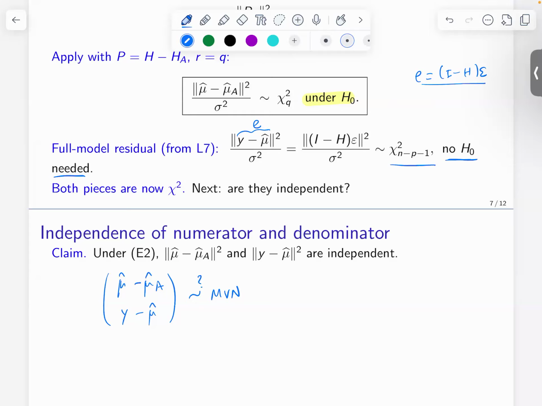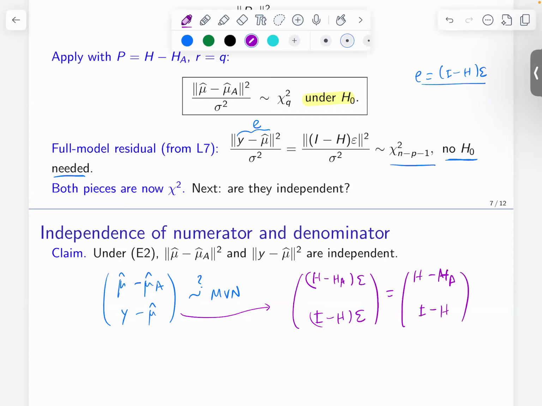Because they're both linear transformations of epsilon. Yes, exactly. So this is a linear transformation: H minus HA times epsilon, and this is I minus H times epsilon. If you want to be really formal, I can pull this out and get a single linear transformation times epsilon.